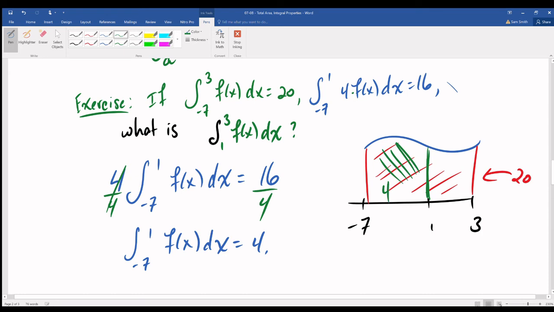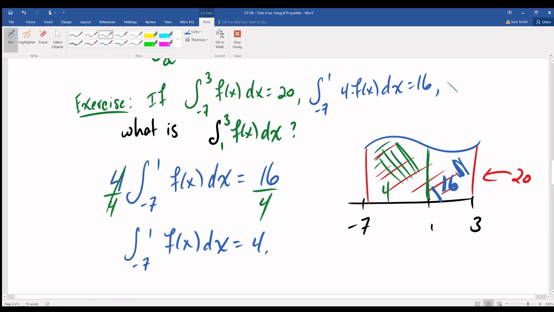So if that full graph has an area of 20 underneath it, and this little portion from -7 to 1 has an area of 4 underneath it, that means that this portion from 1 to 3 must have an area of 16 underneath it.